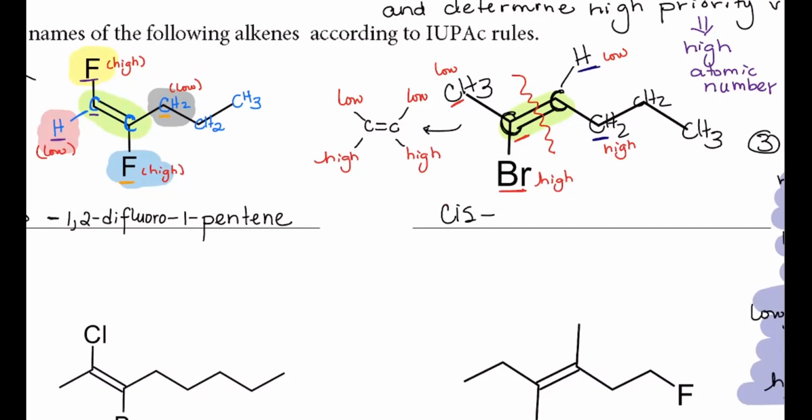Not hexane, hexene. So this is 2-bromo-2-hexene. Okay. Longest carbon chain is 6 carbons. 1, 2, 3, 4, 5, 6. Only one substituent.